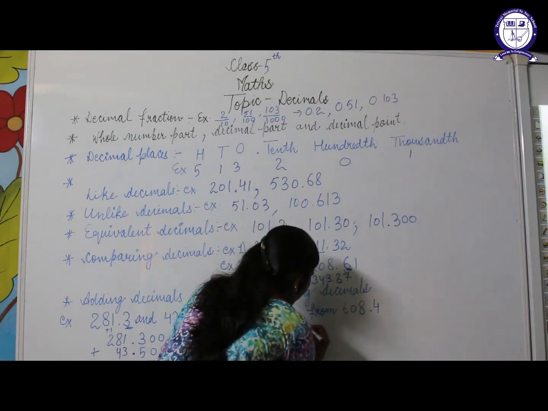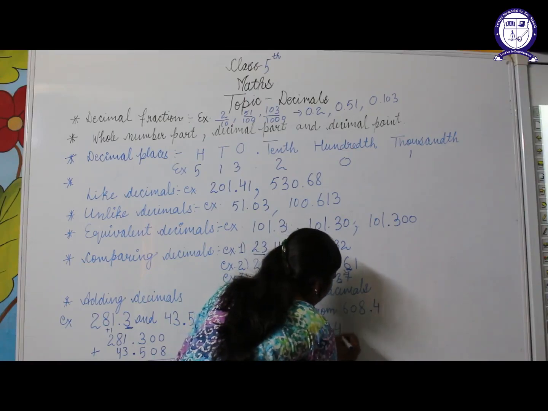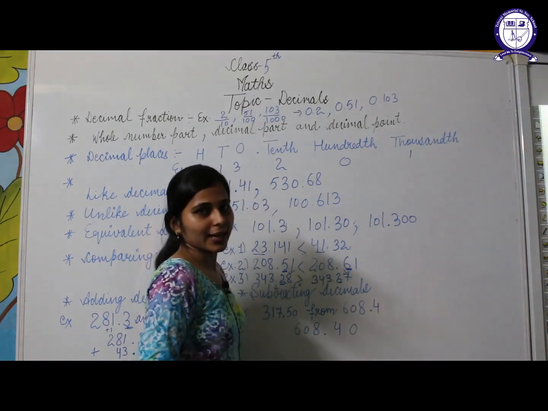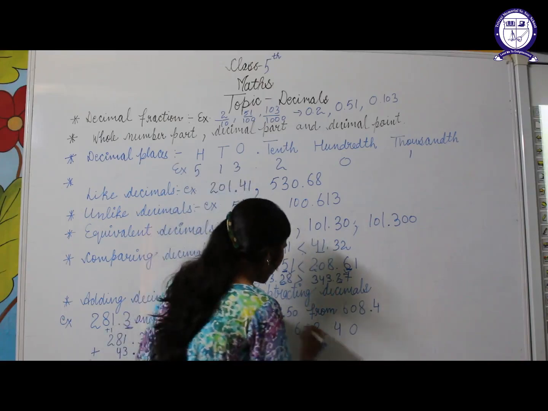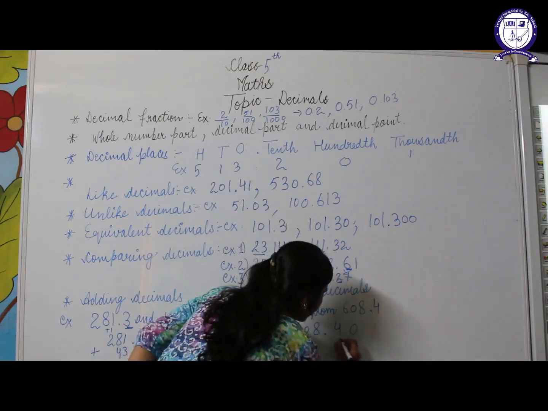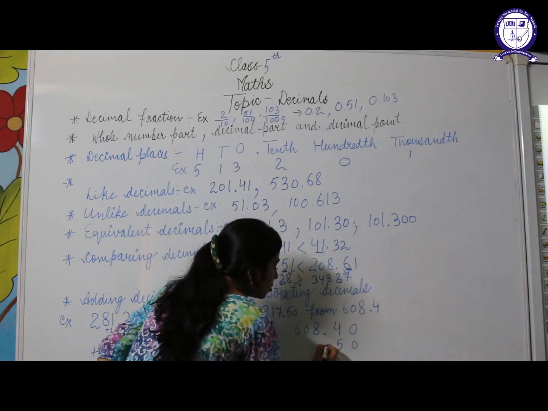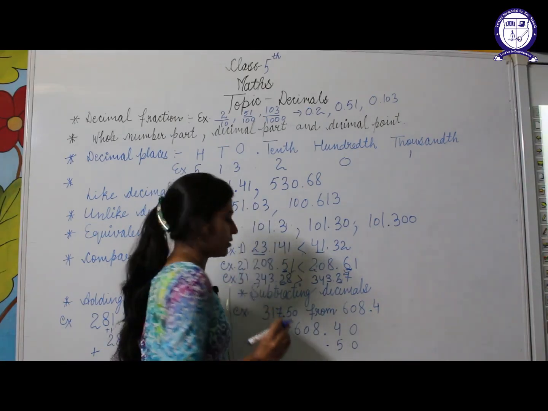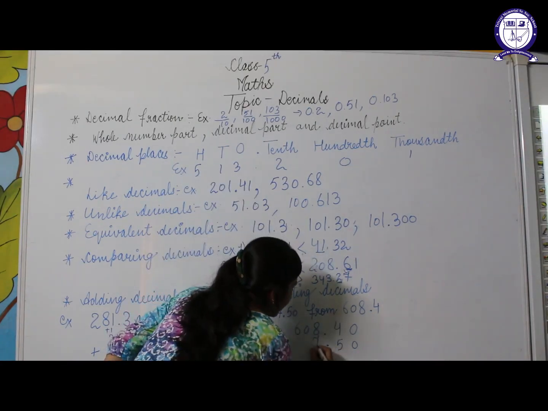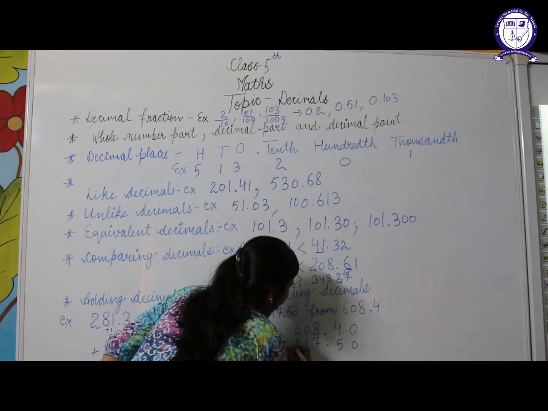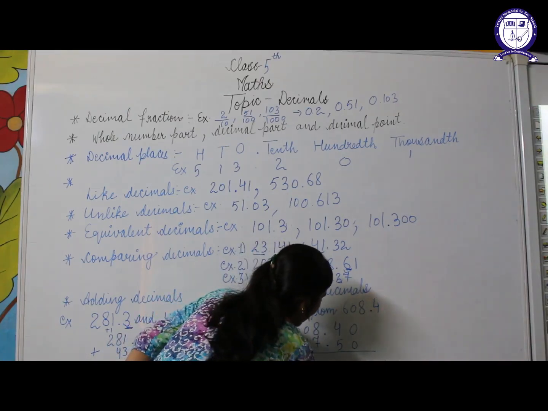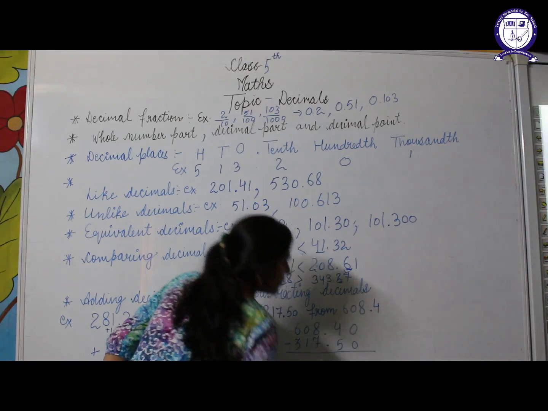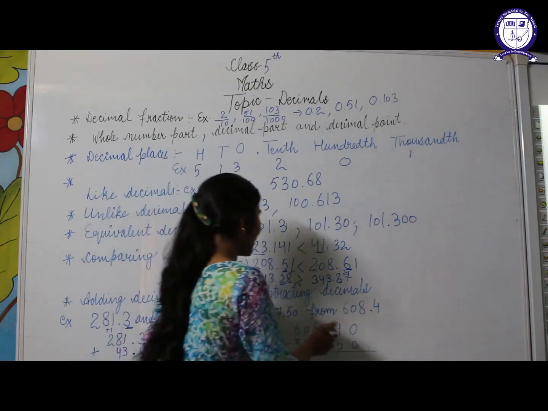So 608.4, and we write zeros after the decimal part. Now we will start writing from the right-hand side, and as you all know the point will be under the point, students. Then 7, 1, 3, and then we will subtract. And first of all write the point under the point to avoid any confusion.